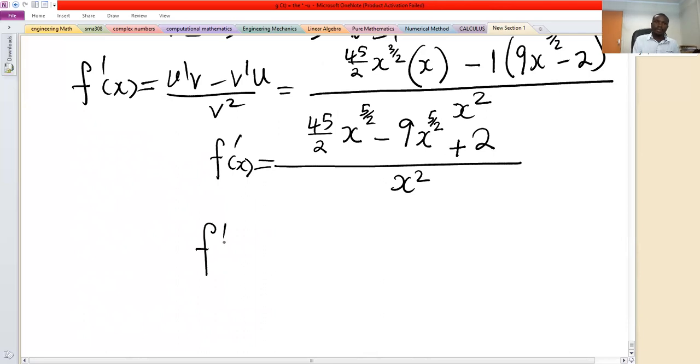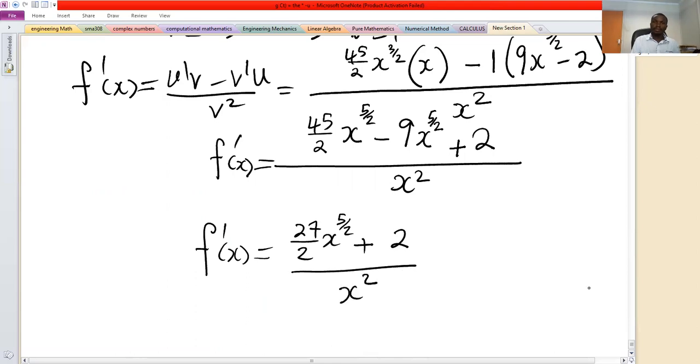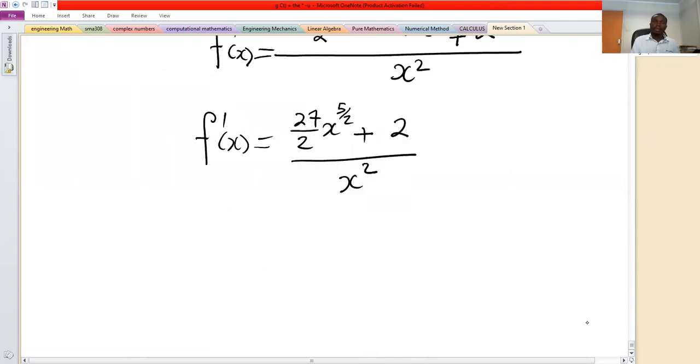So f prime of x is (27/2 x to the power 5/2 plus 2) over x squared. Which can be written as 27/2 x to the power 5/2 over x squared plus 2 over x squared.